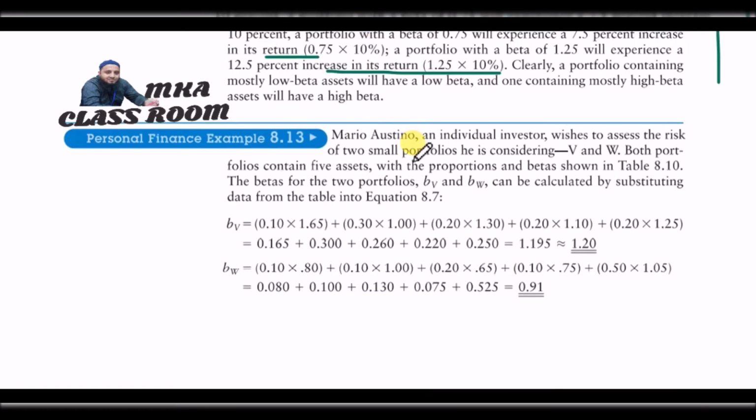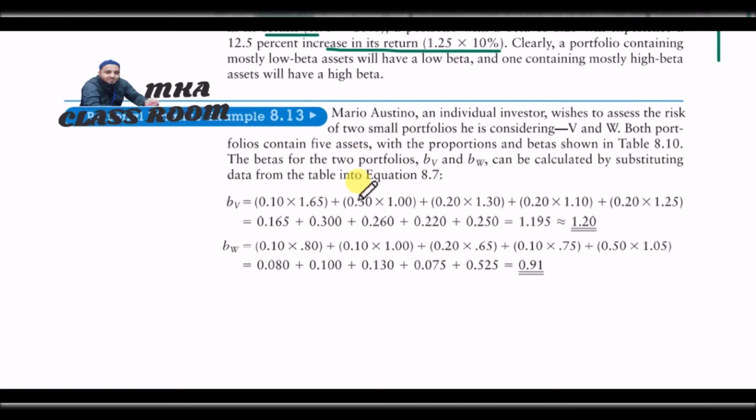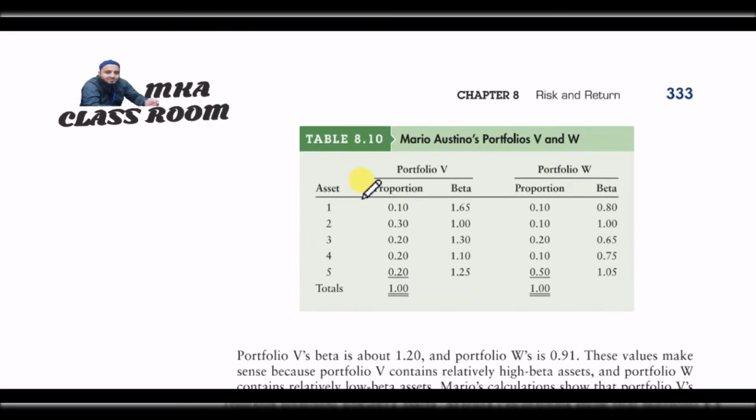So here is an example to understand the portfolio beta. Here are the assets, asset 1, 2, 3, 4, 5, then portfolio V and portfolio W. Asset 1 has the beta 1.65, asset 2 has the beta 1, asset 3 has the beta 1.30, asset 4 has 1.1, asset 5 has the beta 1.25.